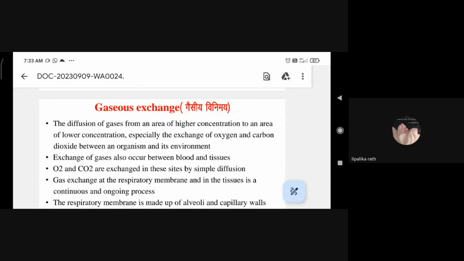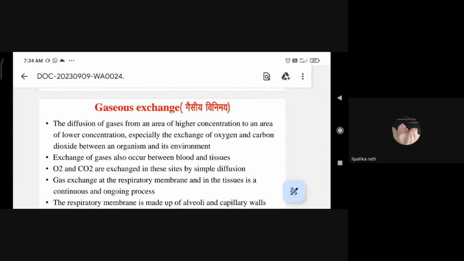And the same thing in case of carbon dioxide. The carbon dioxide in capillaries is highly concentrated in comparison with alveoli. So, the highly concentrated carbon dioxide will diffuse to alveoli to get balanced.